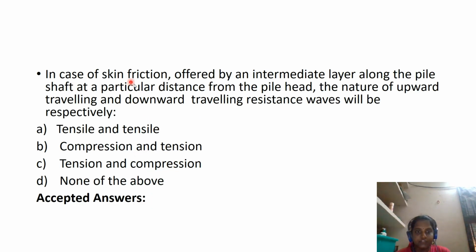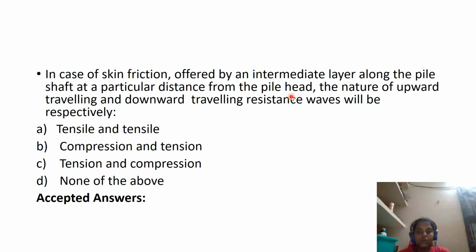In case of skin friction offered by an intermediate layer along the pile shaft at a particular distance from the pile head, what is the nature of upward traveling and downward traveling resistance waves? So when you have a pile driving analyzer test and an intermediate layer is present, there are going to be two types of waves generated: compression waves and tension waves.